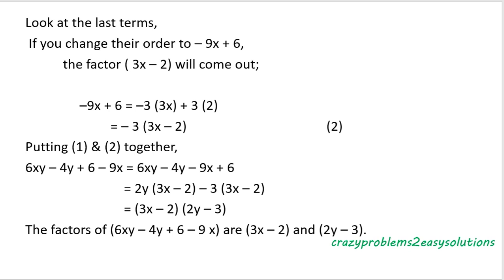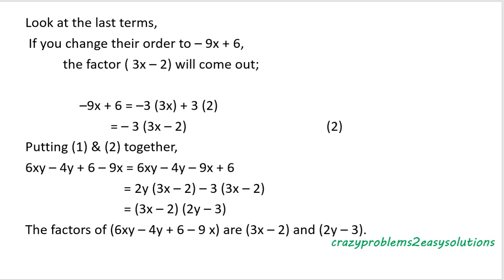Then, putting together, we add the first and second equations. Look at the left hand side, 6xy minus 4y plus 6 minus 9x. Instead of 6xy minus 4y, we can write 2y into 3x minus 2, and instead of 6 minus 9x, we can write minus 3 into 3x minus 2.